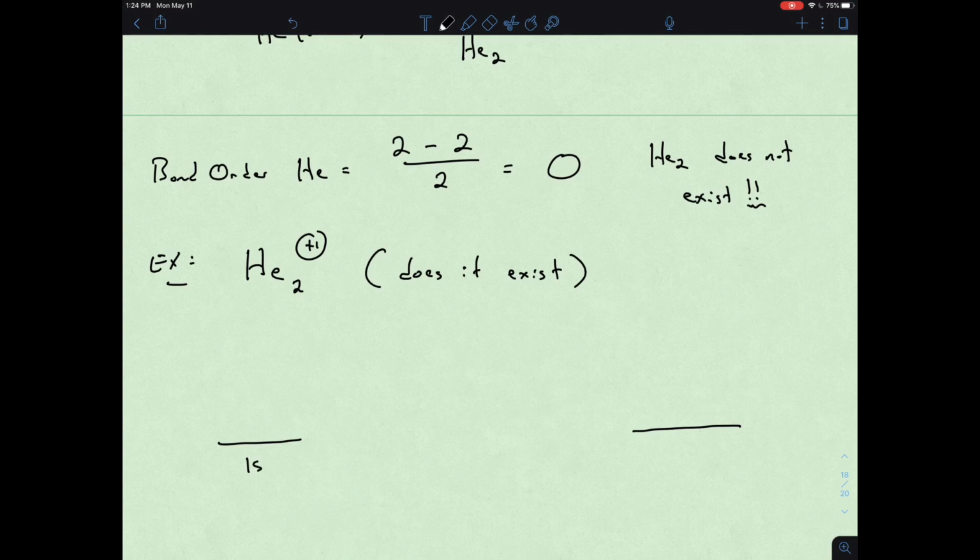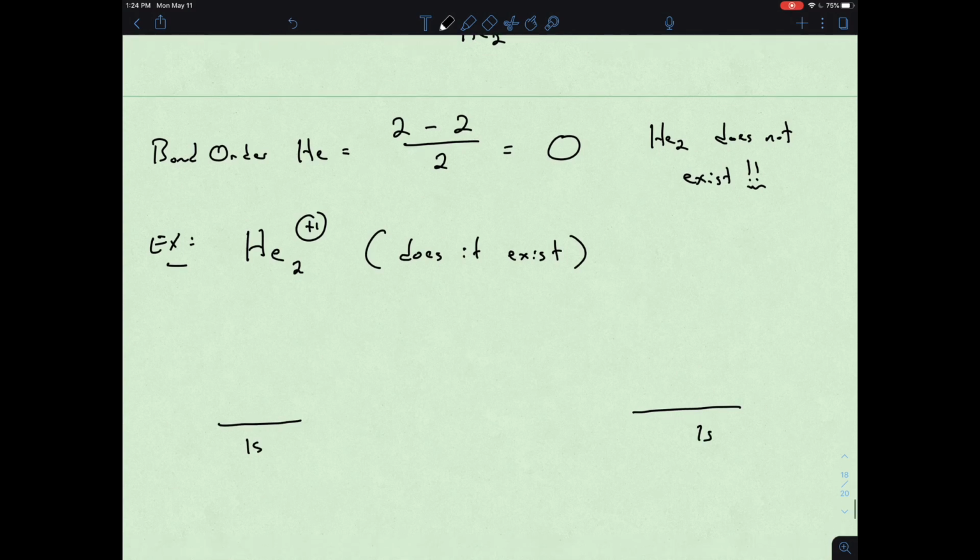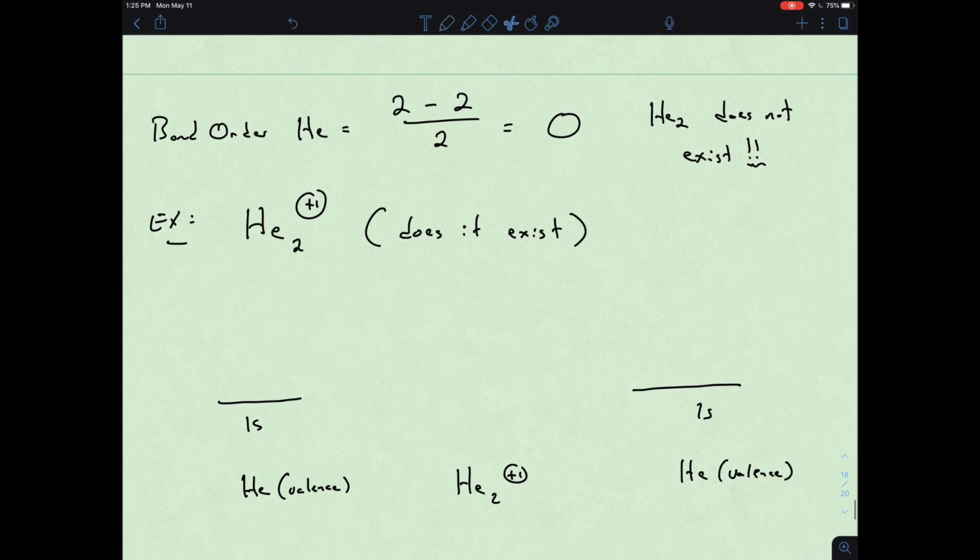Again, we would draw our 1s orbitals, with the helium and its valence shell on both sides, and then the molecule that results from the bonding and antibonding orbitals in the middle.